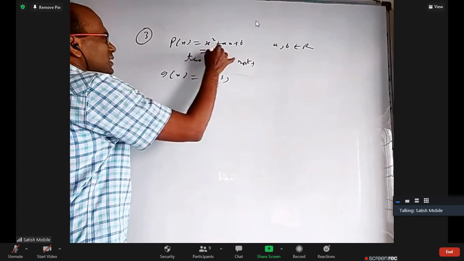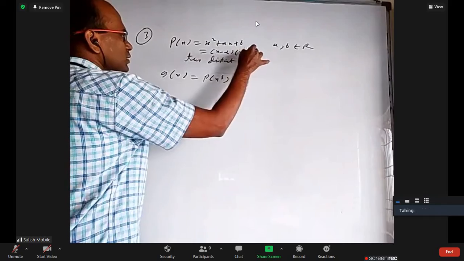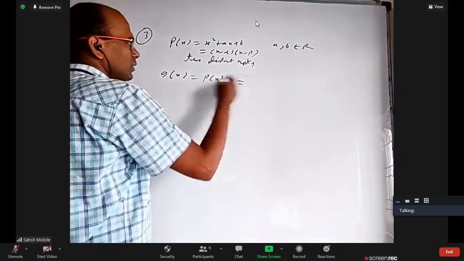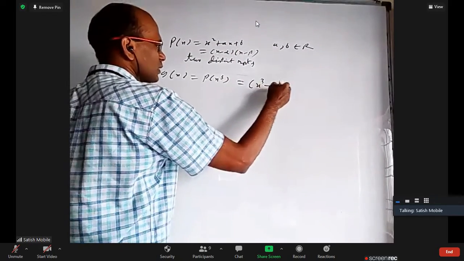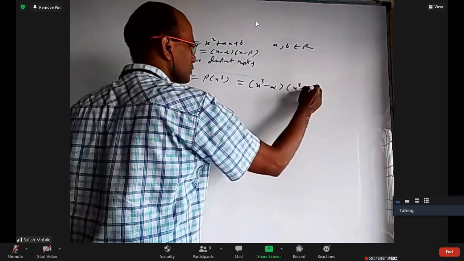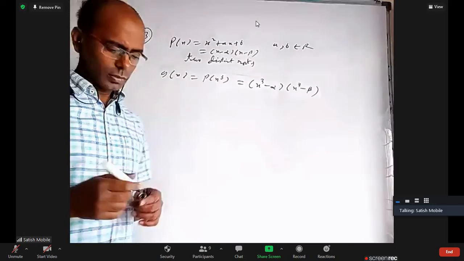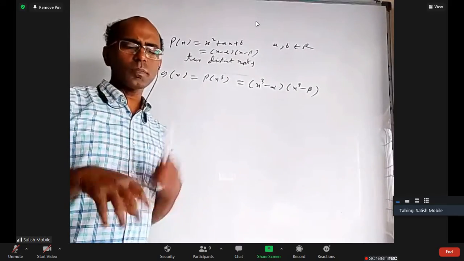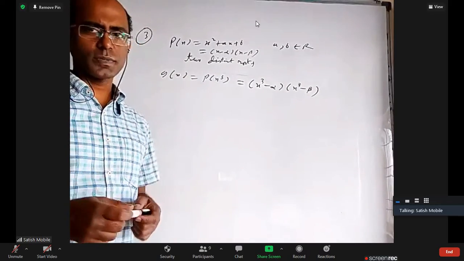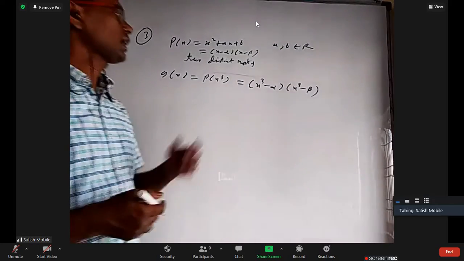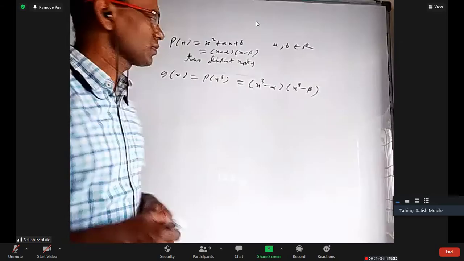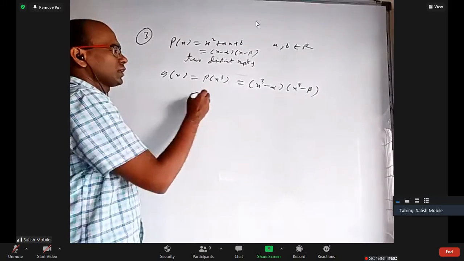I better take P of x as (x minus alpha) into (x minus beta), so that P of x cube can be written as (x cube minus alpha) into (x cube minus beta). This is still a quadratic expression kind of thing. Some are directly quadratic equations, some you take something as t and they become quadratic expressions.